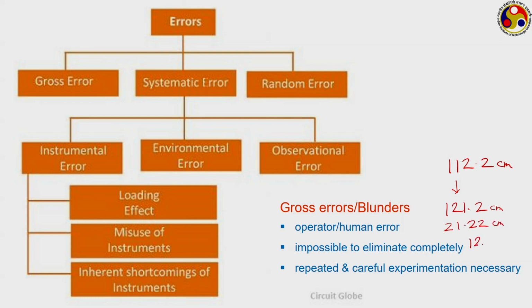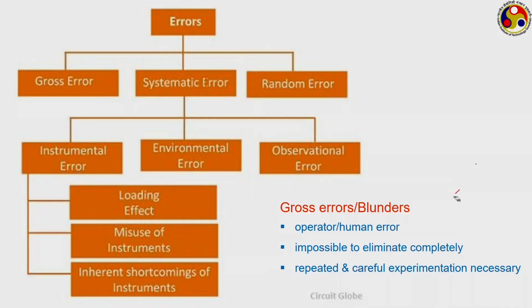And again if you have written 112.2 millimeter, that is also wrong. These are the gross errors. These are impossible to eliminate completely, but we have to be careful while doing any kind of experimental measurement, and generally repeated experimentation by different experimentalists can sometimes eliminate or at least minimize these gross errors or blunders.